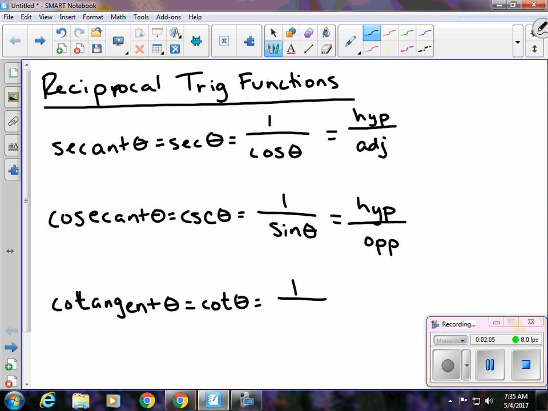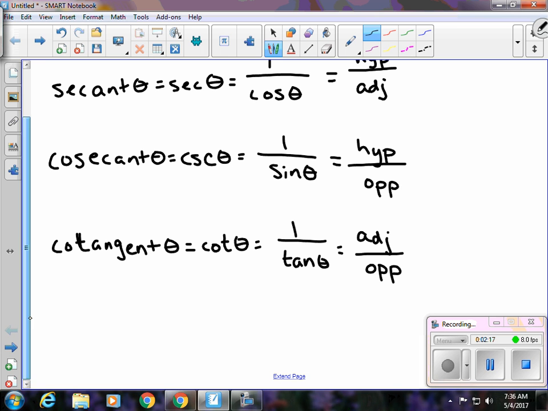Cotangent is 1 over tangent. Tangent is originally opposite over adjacent, so this goes as adjacent over opposite. Remember that tangent is also sine over cosine, so you could think of this as cosine over sine as well.